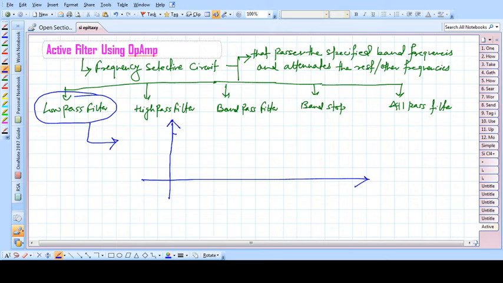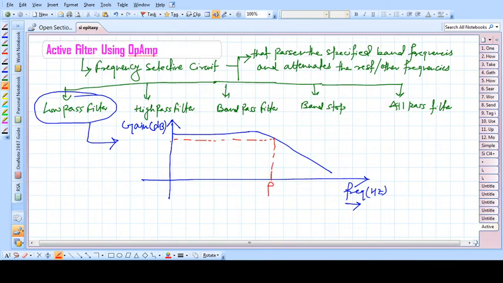So this is your vertical axis, the y axis, which is your gain in dB, and frequency in hertz or kilohertz. Okay, so I am writing in hertz. This one is 0 dB and minus.